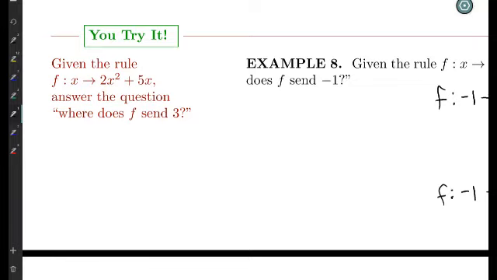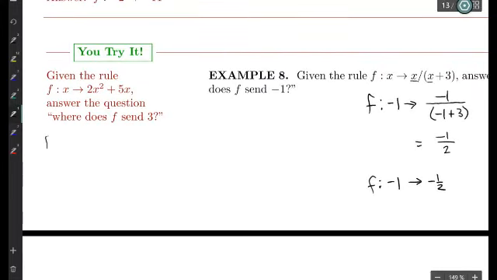Alright, so suppose we have this rule. x maps to 2x squared plus 5x. Where does f send 3? So f takes 3 and pairs it with the number that you get from taking 3, squaring it, then multiplying 2 to the result, and then adding the number you get from 5 times 3. So see the connection.